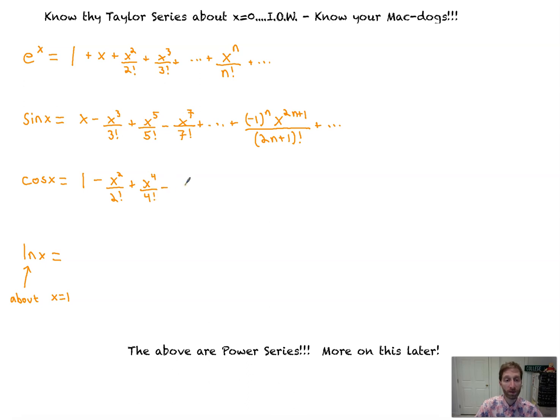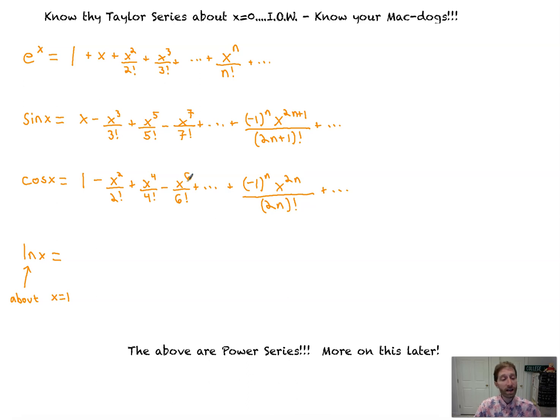It's all even powers. Minus x to the 6th all over 6 factorial plus dot, dot, dot. And it's still going to alternate the same way that sine did. It's going to be x not to the 2n plus 1, but to the 2n. You go up 0, 2, 4, 6. And then that's all over the same exact number in the denominator, right? This matched with that over 2n factorial, and we'll say that it keeps going on and on forever.